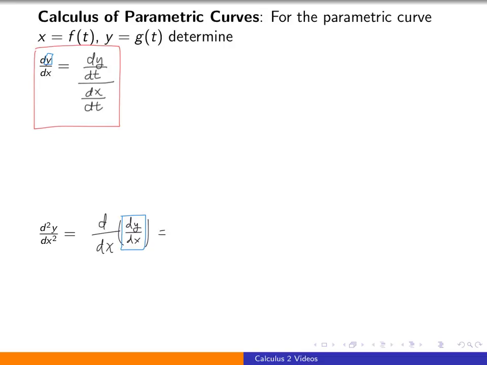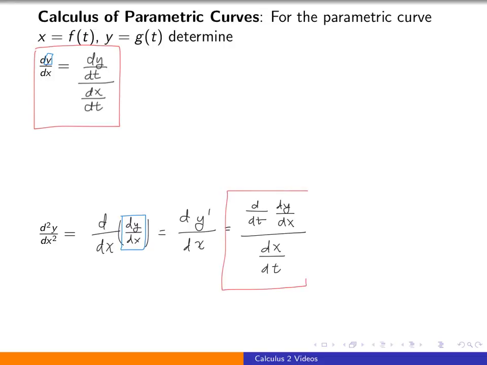So we can think of this as being let me just call it y prime over dx. So dy prime, if we follow our method from above, should be the derivative d dt of dy dx. So you differentiate the first derivative that you've come up with respect to t, and then you once again divide by dx dt. And this is the formula that we have for the second derivative.